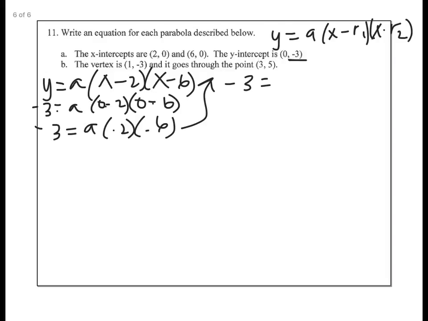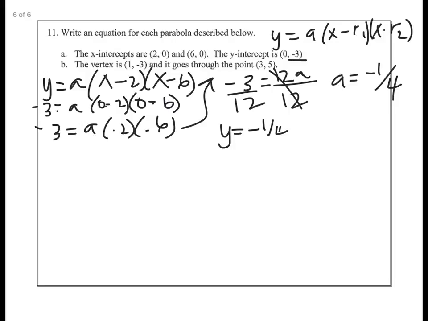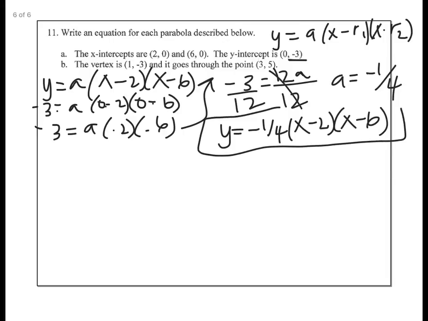So -2 times -6 is 12, and that's multiplying by a. Then I divide by 12 to get rid of that, and I know a is -3/12, which I simplify to -1/4. So my final equation would be y is equal to -1/4, that's my a value, x minus 2, and x minus 6, which I had originally put in the problem earlier already.